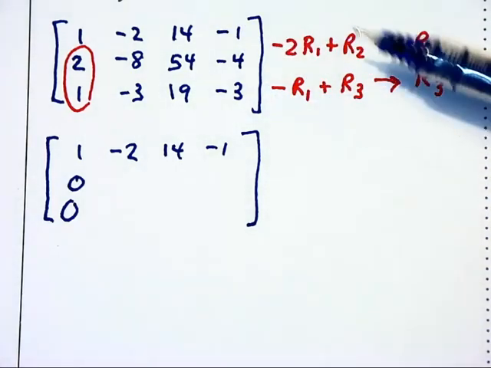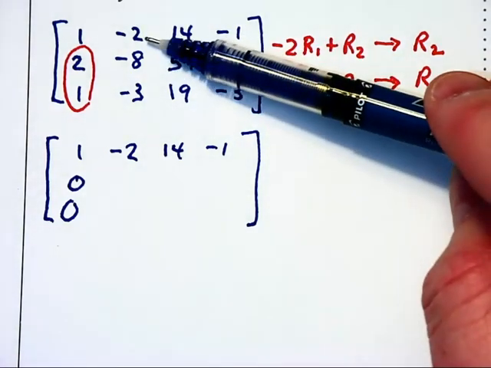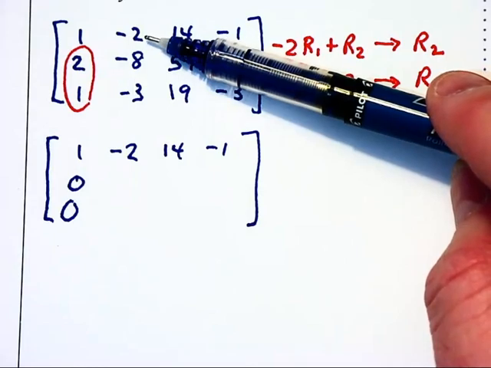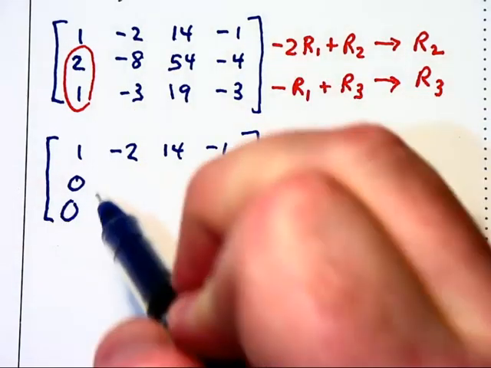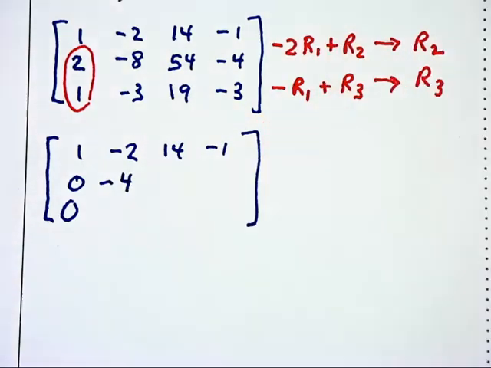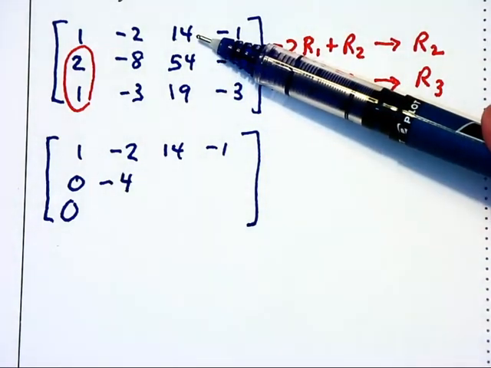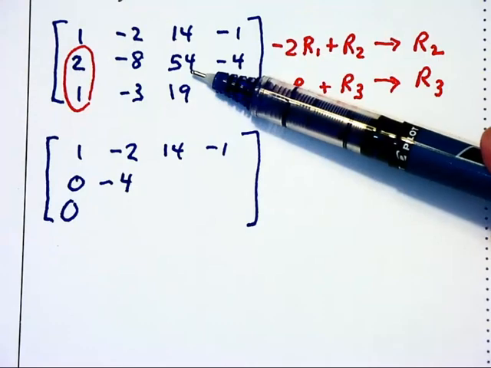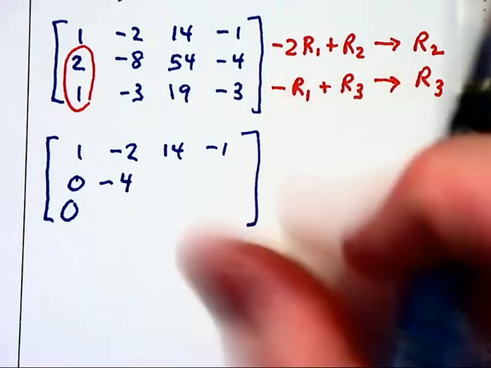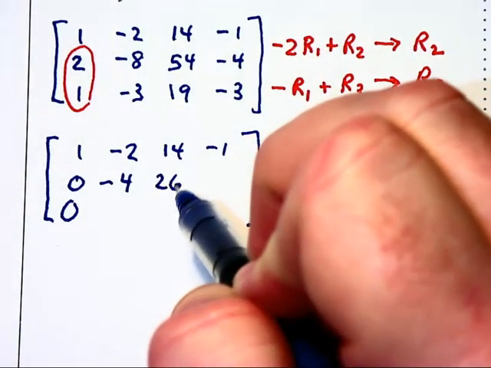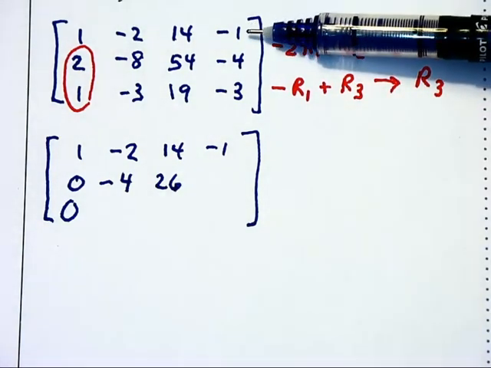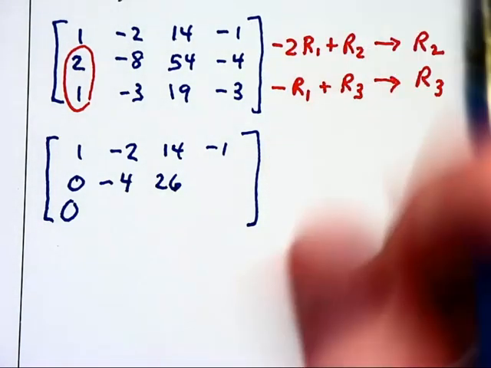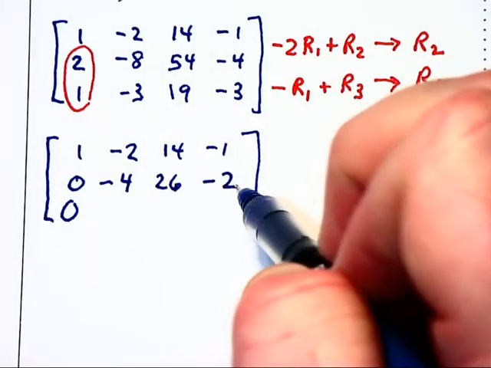So let's start with this -2 times row 1. -2 times the -2 in that position is 4, plus the -8 beneath it makes -4. -2 times 14 is -28, plus 54 gives us 26. We then have -2 times 1, that's +2, minus 4, making -2.